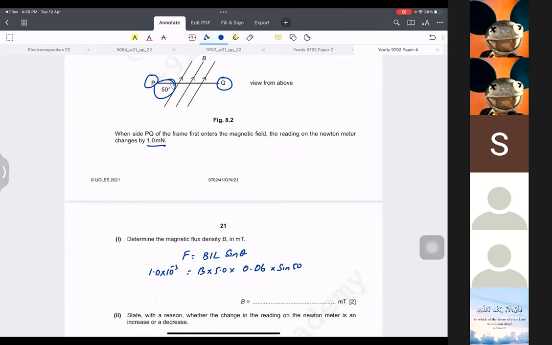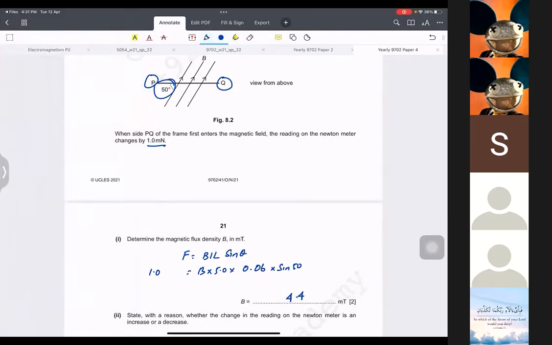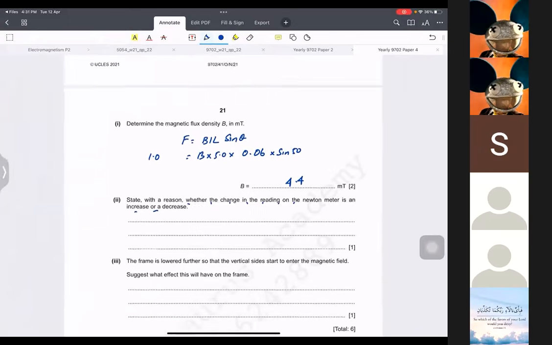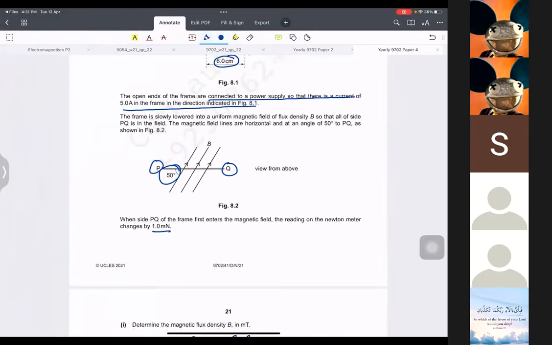Oh, they've already asked in millis, so you don't need to do this. 1 divided by 4.4, okay, 4.4 millitesla. That's good. Sir, I wrote 4.35. That's fine. Okay, no bad.